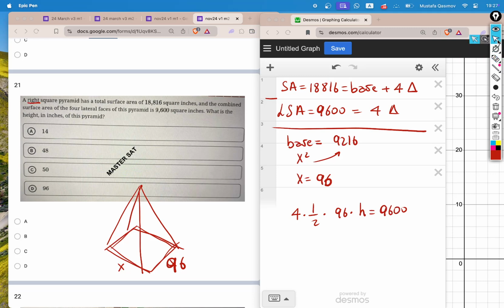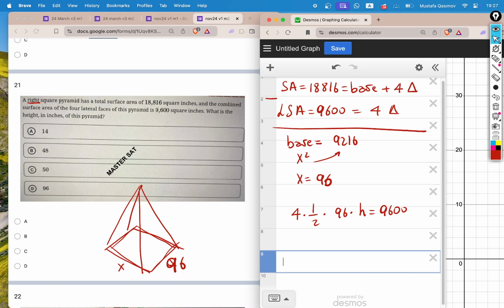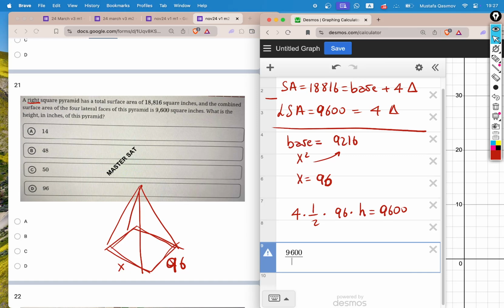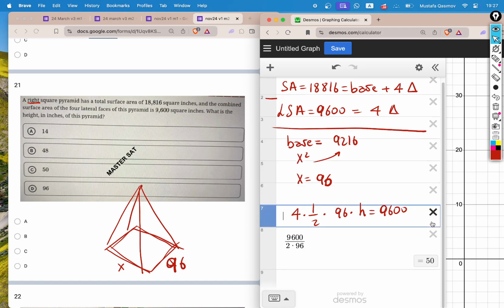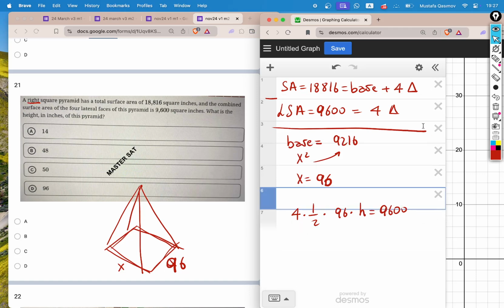Let's calculate it in decimals. This value over 2 multiplied by 96, so 50. So it means that h is equal to 50.